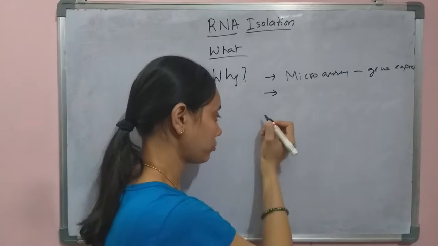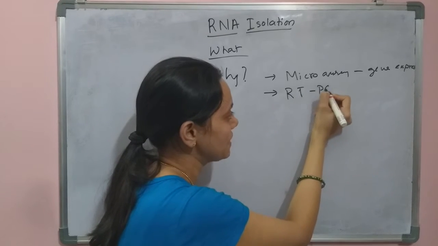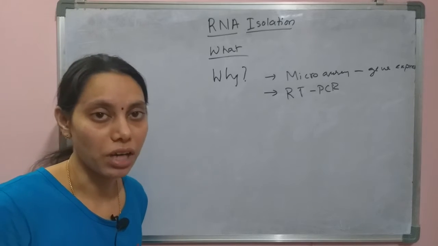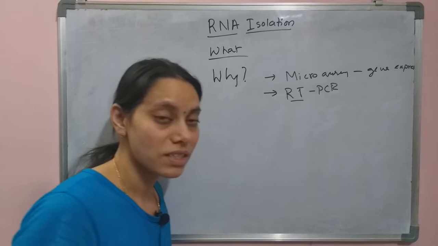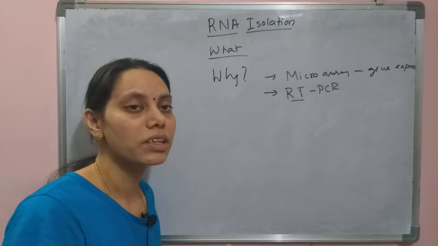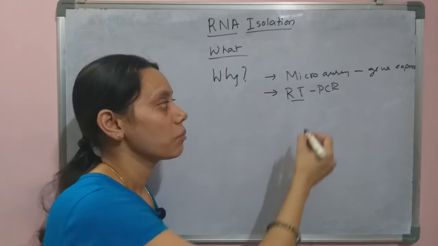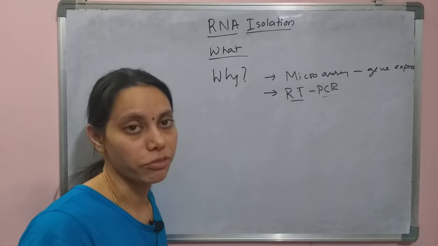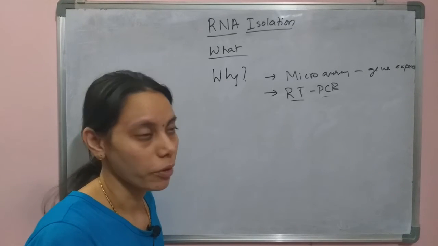And if you want to perform RT-PCR, you need to have RNA in your hand. So this RT, reverse transcriptase enzyme, will convert this RNA into the form of complementary DNA, so that by PCR it can be amplified, and that is how the RT-PCR will be performed.